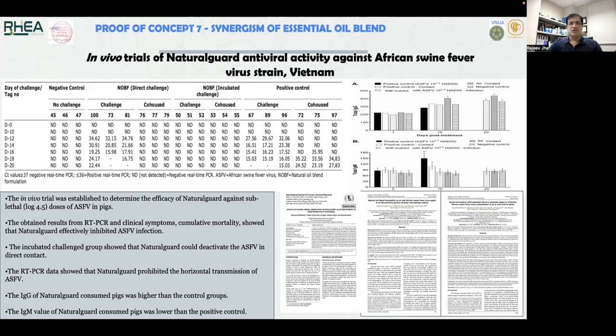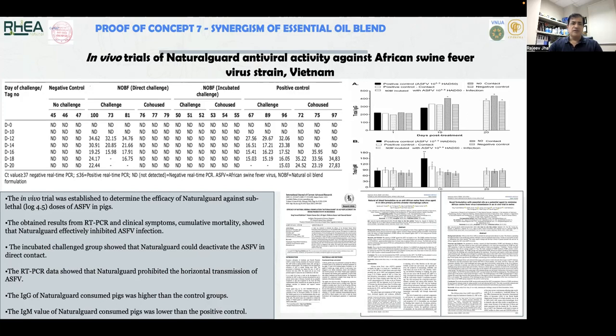This trial was conducted in Vietnam National Agriculture University, where pigs were challenged by the African swine fever virus. The obtained results from real-time PCR and clinical symptoms, cumulative mortality showed that natural guard effectively inhibited African swine fever infection.